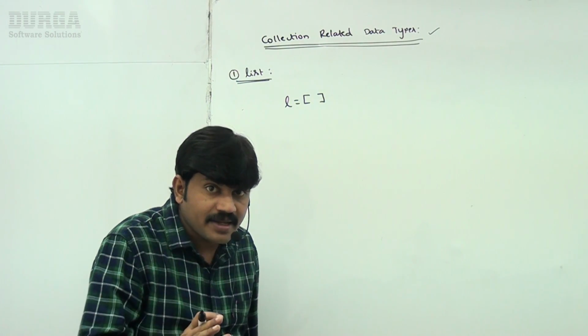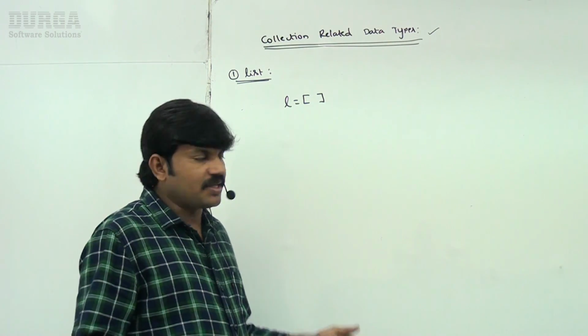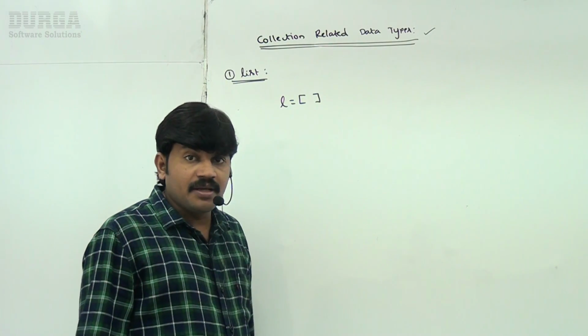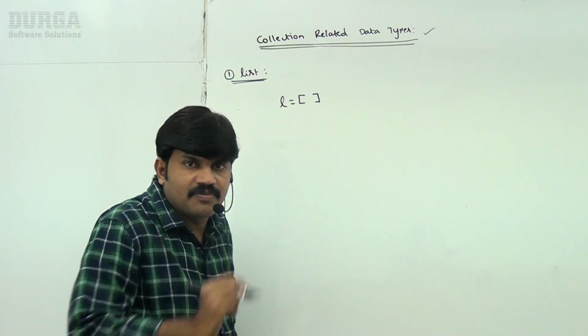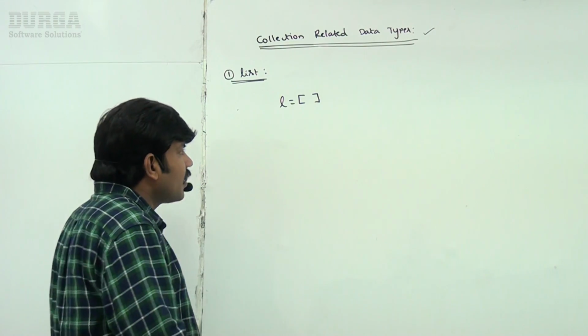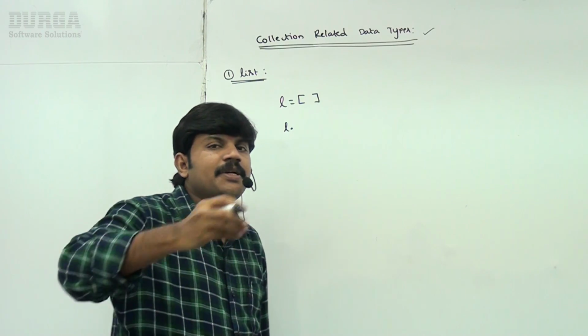We are creating a list which is empty, because I am not specifying any elements. Yes, creation of an empty list. Being a Python developer, lakhs, crores of times you require this type of syntax. That is how to create an empty list.